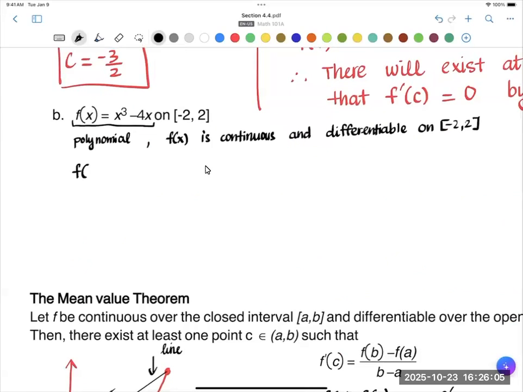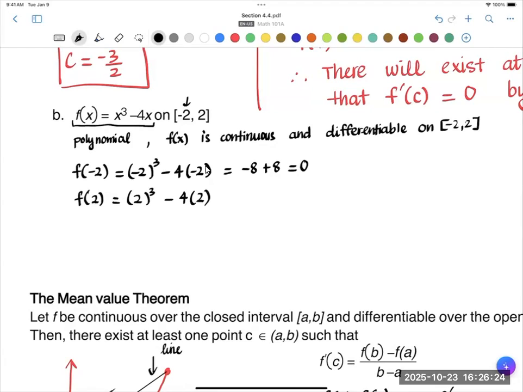So f of a is f of -2, which is -2 to the power 3 minus 4 times -2, and that will be -8 plus 8, which is equal to 0. F of 2 is 2 to the power 3 minus 4 times 2, which will be 8 minus 8 equals 0.